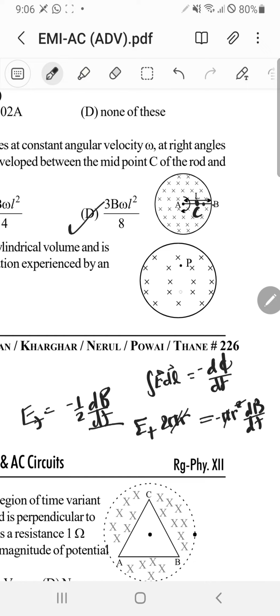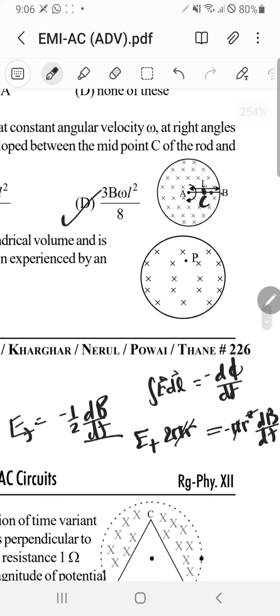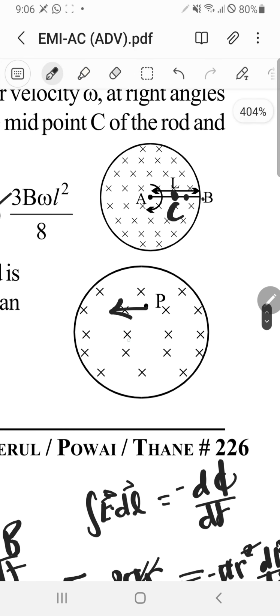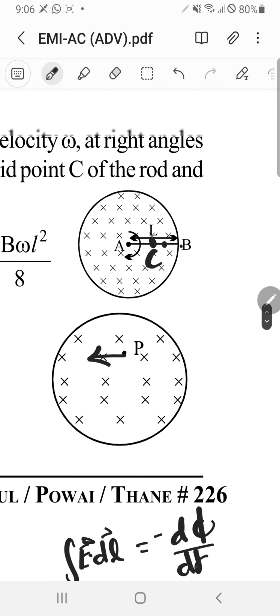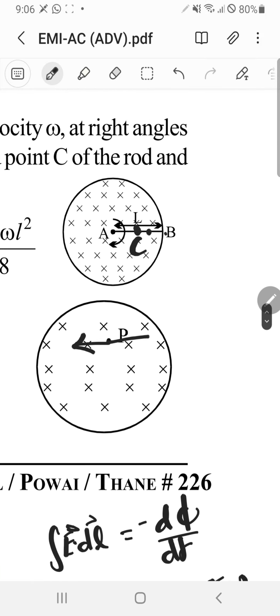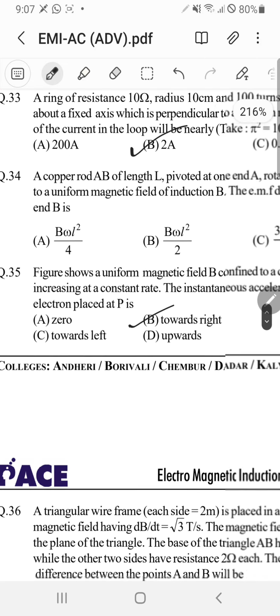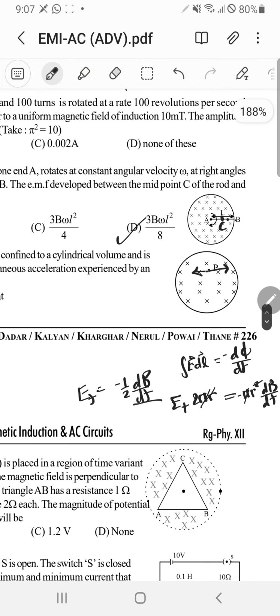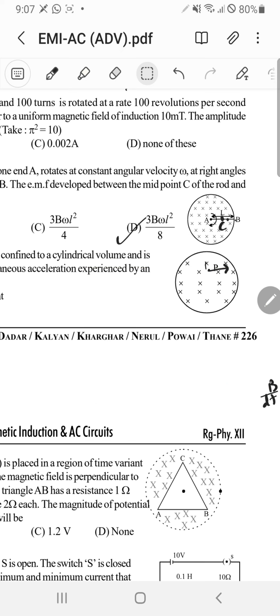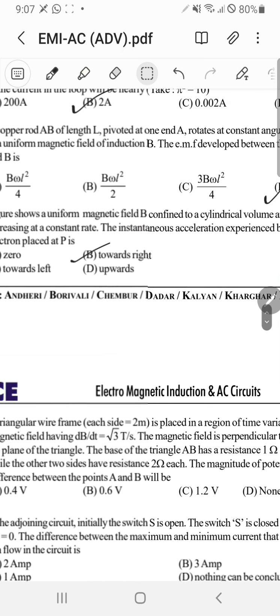And then our area vector is going down, that means our path goes like this, so our tangential field is going to be in that direction. But it's negative, so actually it's in this direction, so it's gonna go to the left. Wait, no, it's an electron, not a proton, so then it's gonna go in that direction. Fine, so it's to the right, though I doubt it, because it could also have an upward component, so why not that? I don't know. Okay, move on.